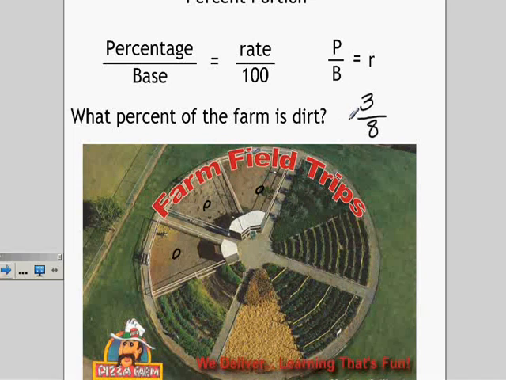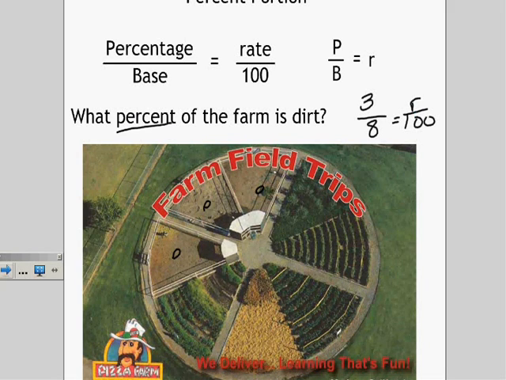That's going to be kind of actually percentage over base equals rate. So we're looking for what percent. Our rate will be here. So we have 3/8 equals r over 100. I know it says a percent in there, and that's where you kind of have to use your ability to think about it.